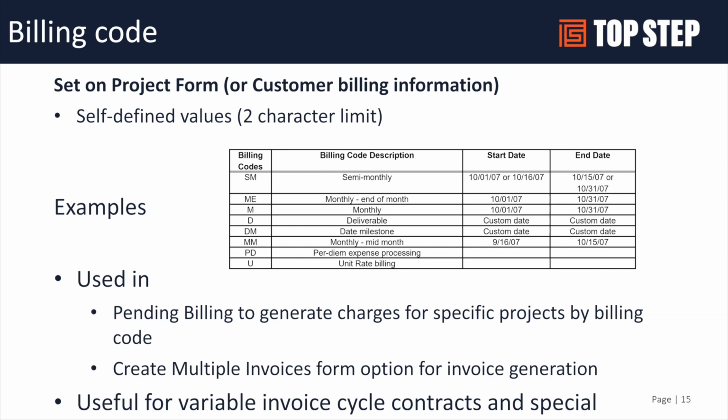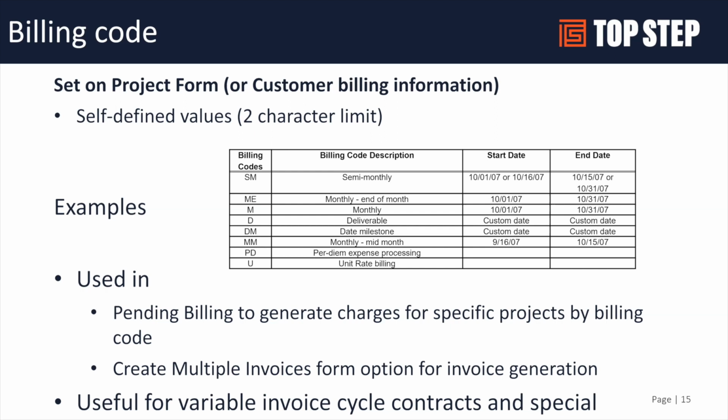When you go into your invoicing, you say, all right, it's semi-monthly. I want to pick up all my semi-monthly projects that are billing. By using these billing codes, you can add these to the pending billing report and use those to generate only the charges for semi-monthly. Or you can use them on the create multiple invoice form.